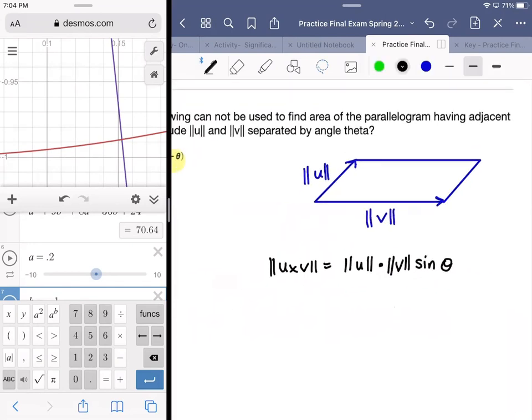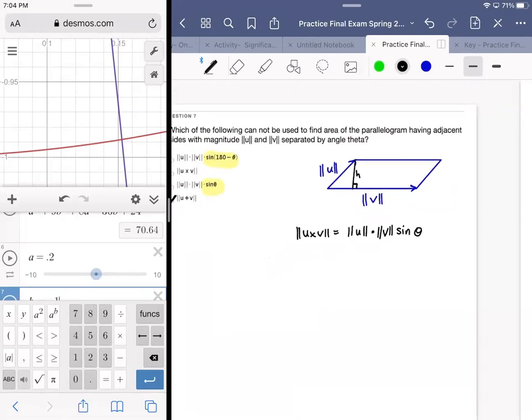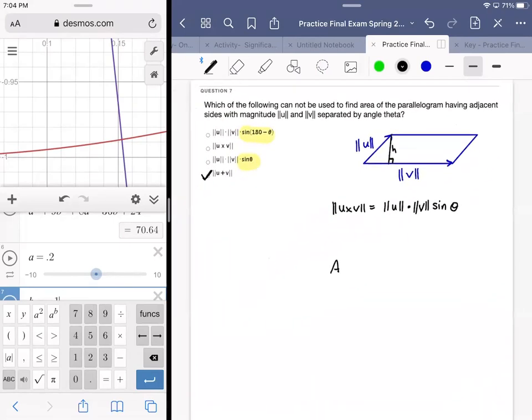Now, if I drop an altitude, which we would call the height, we could figure out the area of a parallelogram by multiplying the base by the height. Now the base is the magnitude of v.